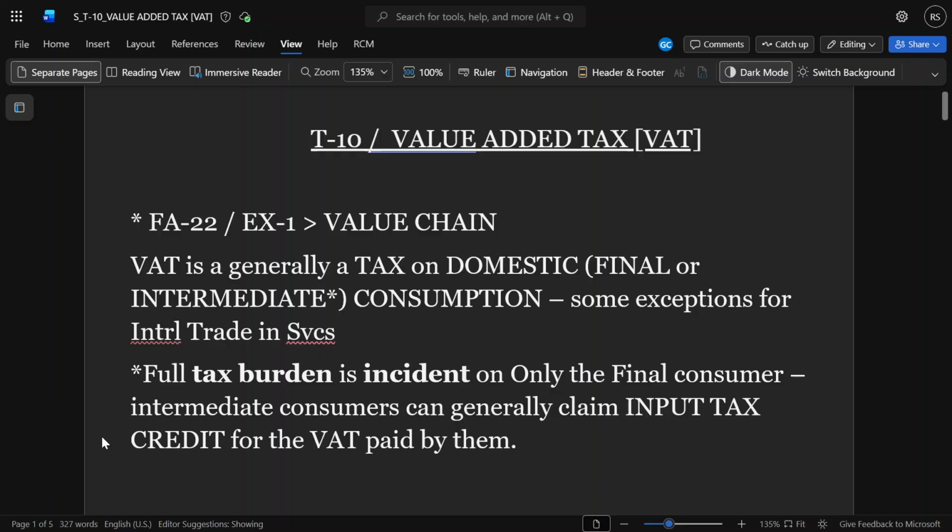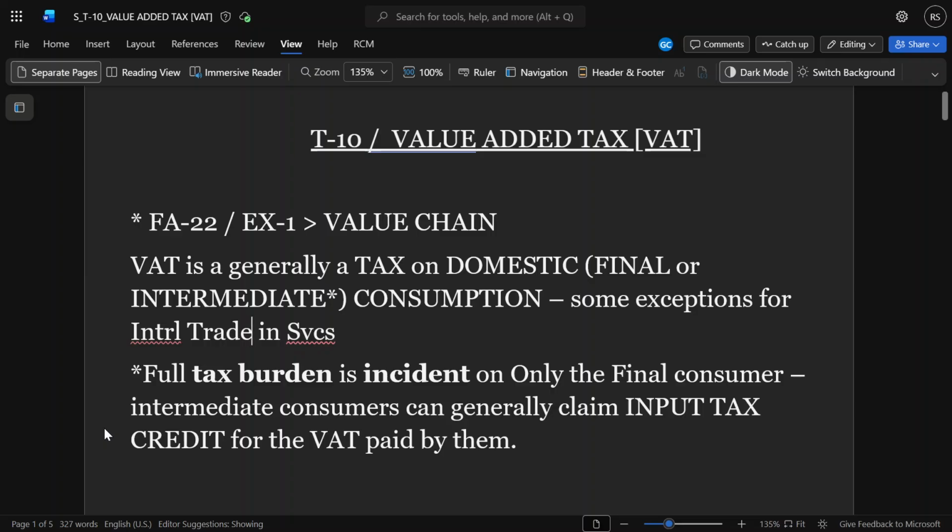That 105 is collected by the Apple store, the seller, but it will be paid by them to the government. They're just collecting the tax. But in this case, you are paying the tax. You're the final consumer. Incidence means economically, after netting everything out, who is paying the tax? The tax is fully incident upon the final consumer.